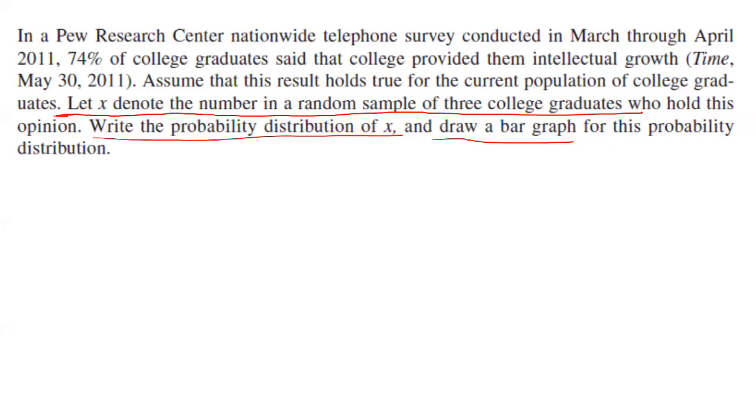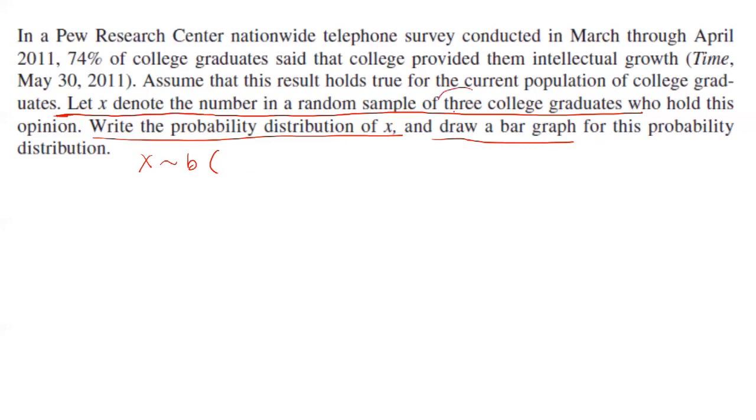All right, let's solve this problem together. Okay, we already know that X denotes the number in a random sample of 3 college graduates. So according to the analysis, X yields a binomial distribution, right? The first parameter is N, which is the total number of trials you conducted here.